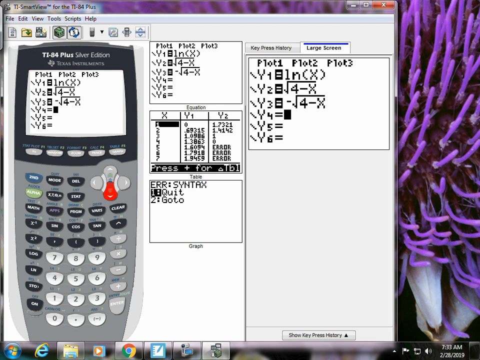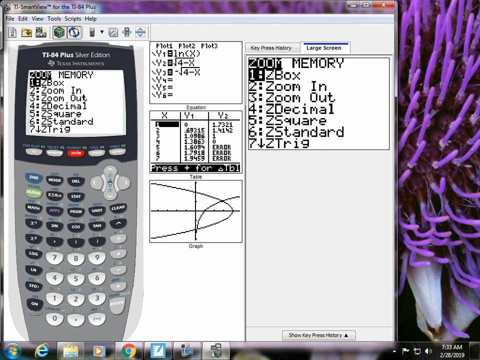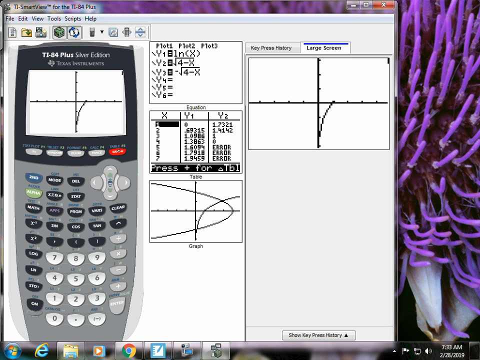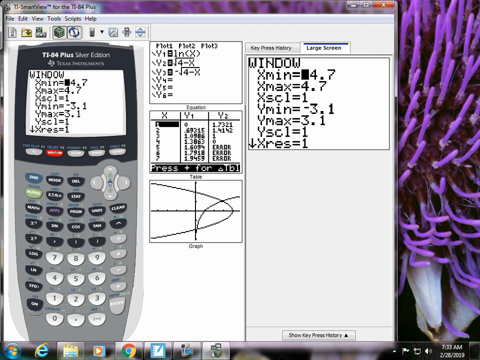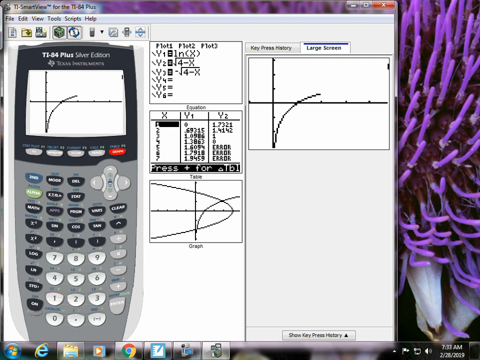I'm going to try Zoom. Actually, I don't really need all these negative x's here. I'm just going to change my x min. So window, x min. I can make it like -1, as long as you can see the enclosed region on there.